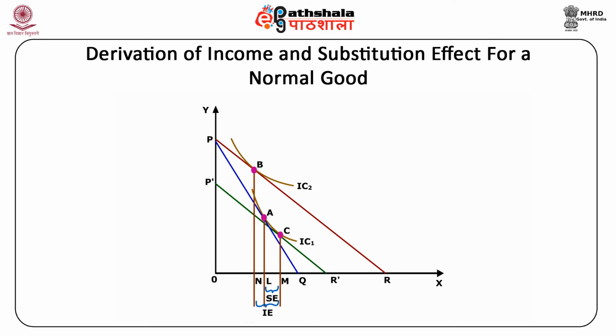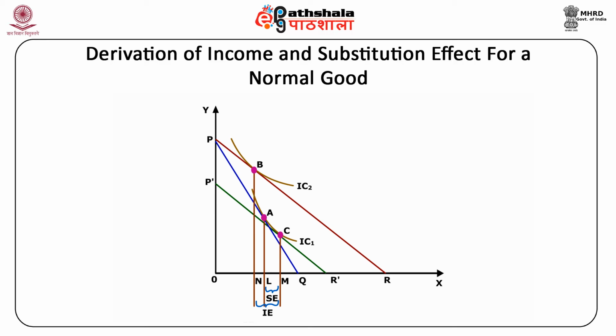The imaginary budget line P'R' reflects the new relative prices of commodities X and Y, since it is parallel to the new budget line PR, which was obtained after the fall in price of commodity X. At the point C, the consumer increases the consumption of good X and decreases the consumption of good Y due to the change in relative price of commodities X and Y. The fall in price of X makes it relatively cheaper compared to Y, whose price is unchanged.